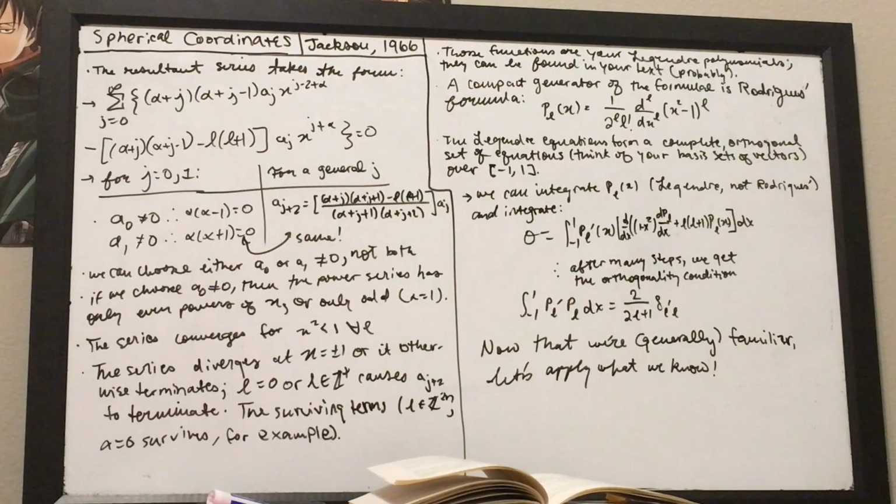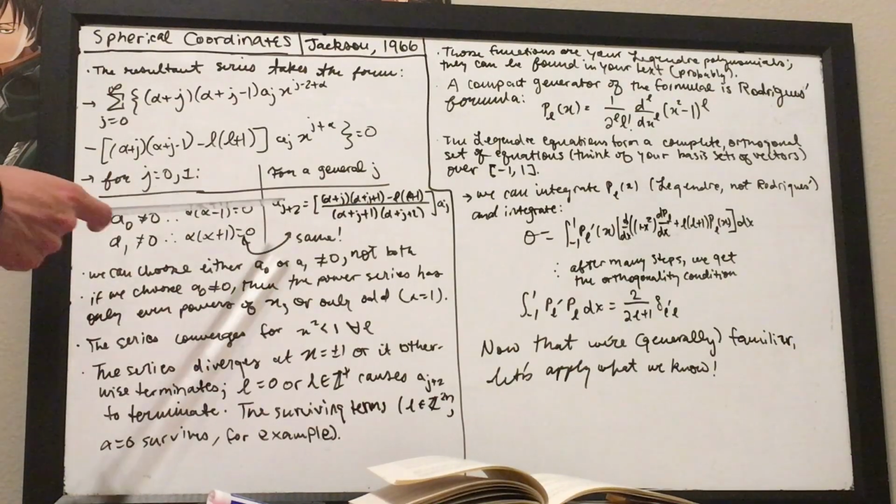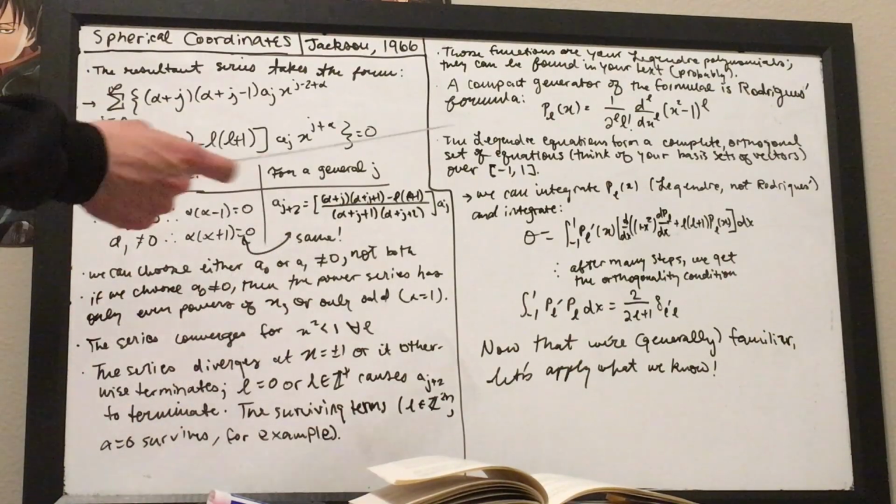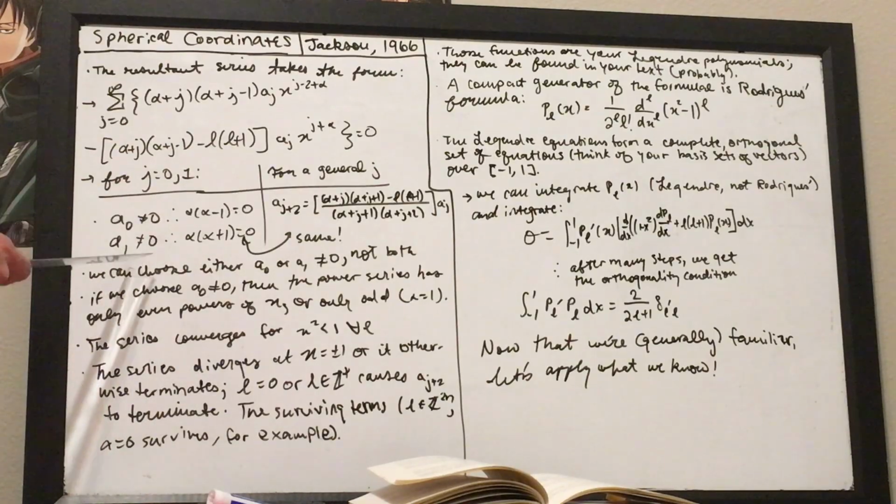Those are your coefficients. And after some short inspection, we basically see that whenever we plug in succeeding values of j, or even 0 and 1, we get the same recursion relation.